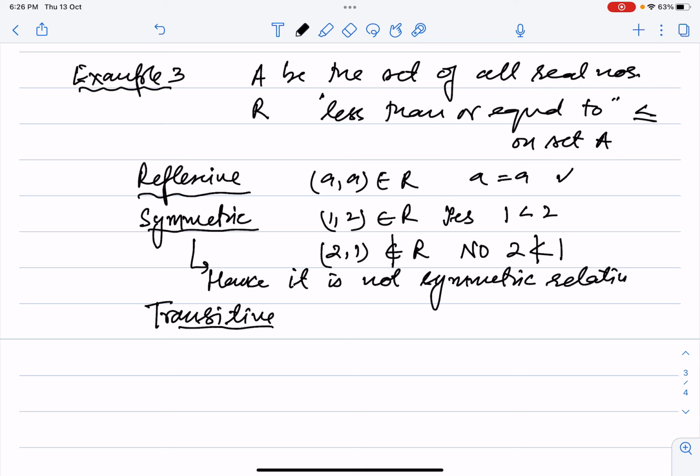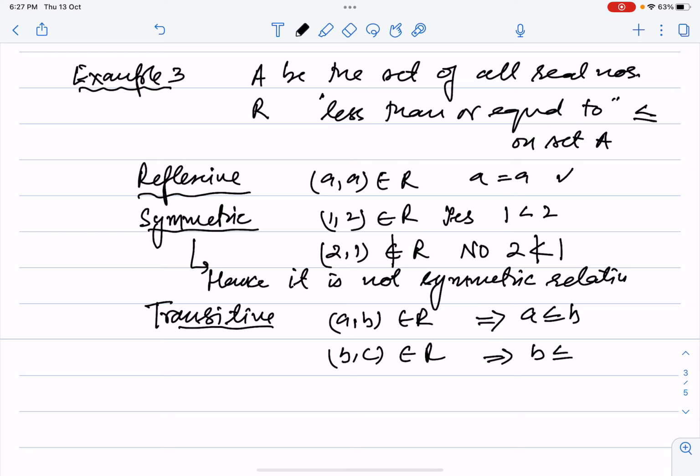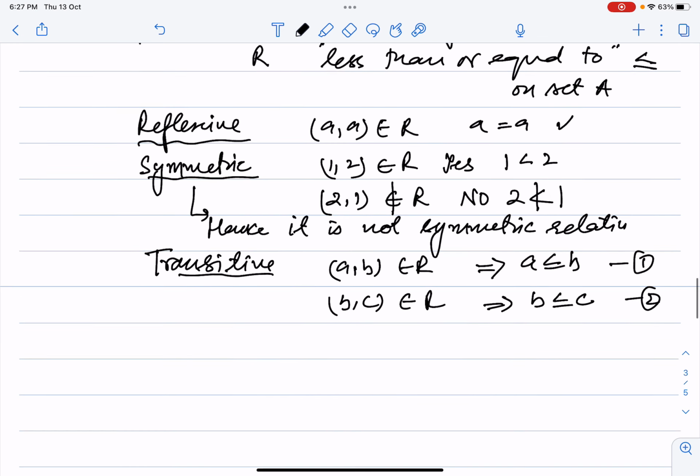Sometimes we write the transitivity like that also. So for a transitive relation, suppose (A, B) belongs to R and (B, C) belongs to R. So obviously this implies A is less than or equal to B, and this implies B is less than or equal to C. From 1 and 2, can we say that A is less than or equal to C?